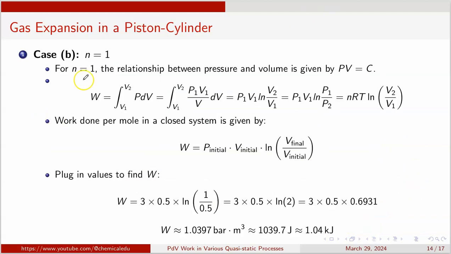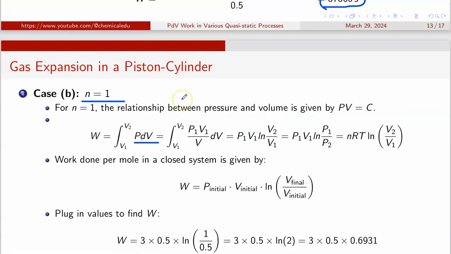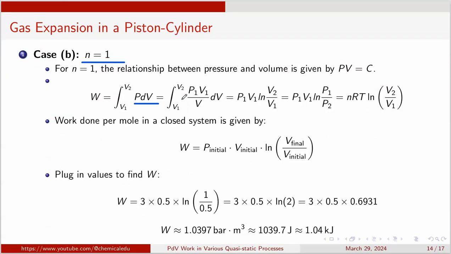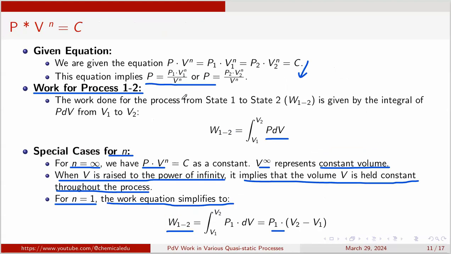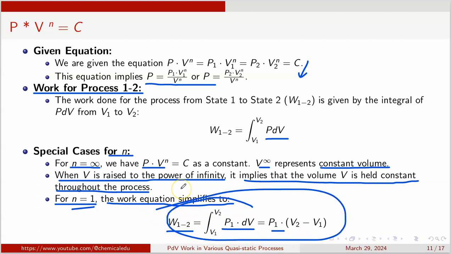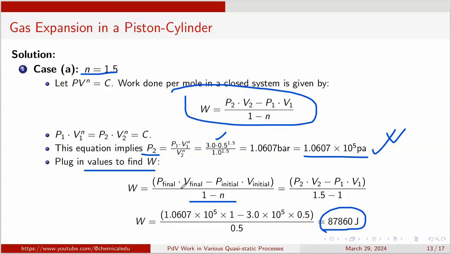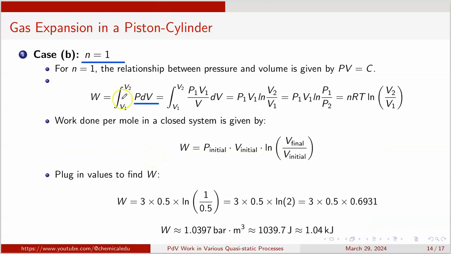Now when n is equal to 1, that is the integration of PdV from V1 to V2. From that, when n is equal to 1, W is the integration from V1 to V2 of PdV.